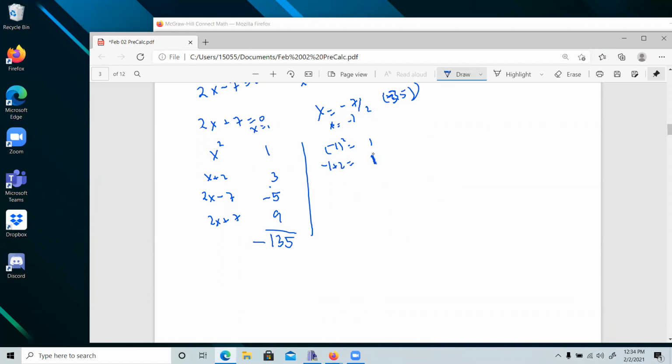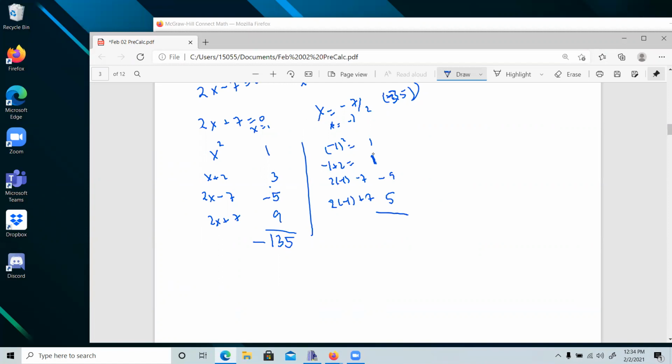And if I put -1 in here, we have 2 times -1 minus 7, so that's -2 minus 7, that's -9. And then putting in -1 here, that's 2 times -1 plus 7, so -2 plus 7 would be 5.